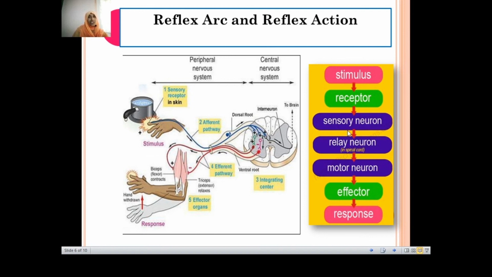This is the place where the synapse takes place. Then immediately the spinal cord takes a decision and sends the signal to the muscles to withdraw your hand. So that is the effector organ. What is the response? Taking away the hand.